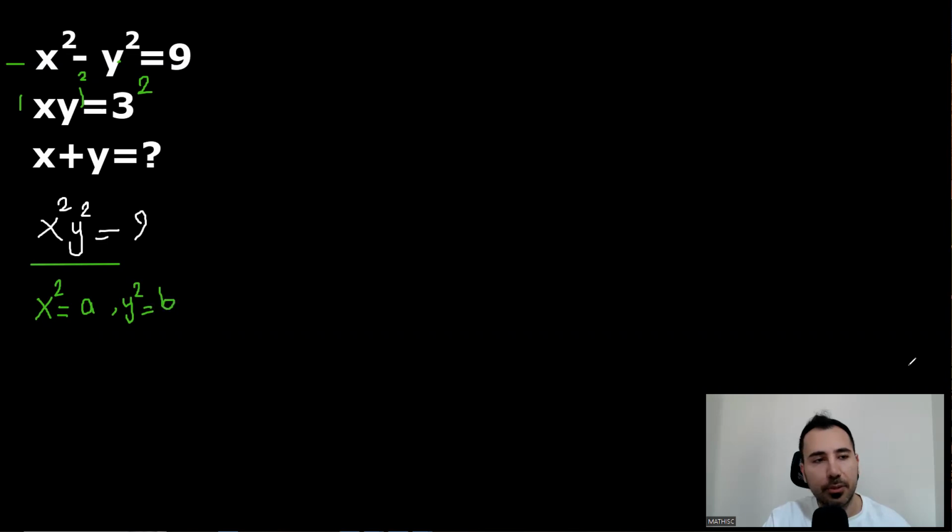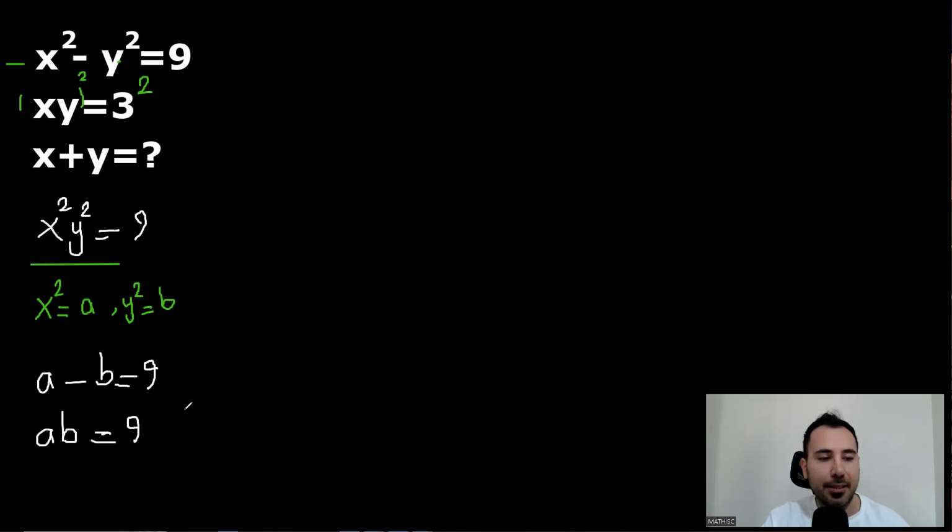So what happens to the equation now? You see, the first equation becomes a minus b equals 9, and the second one here would become a times b equals 9. So do you know how to solve this one?